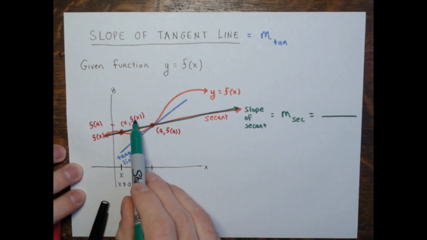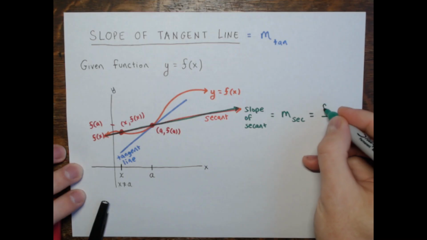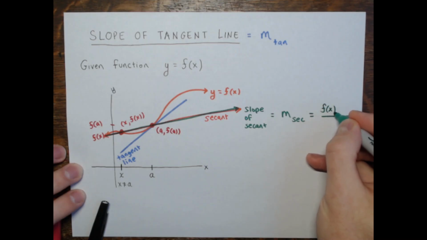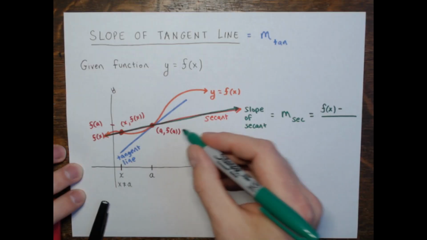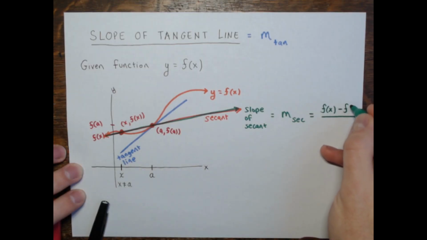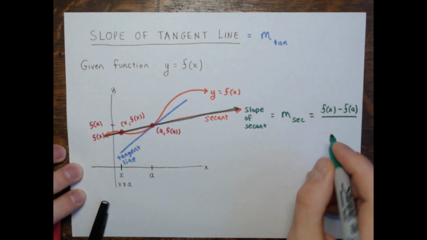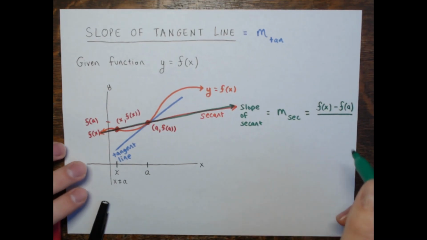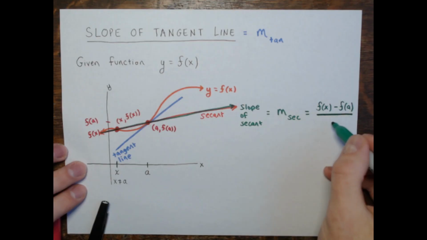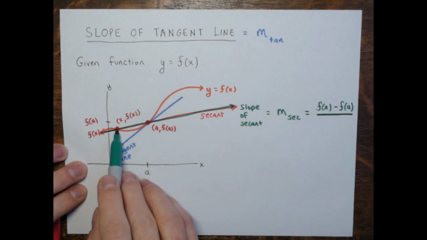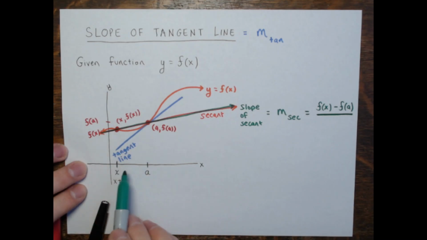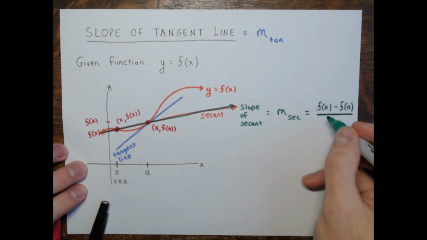I'll do the y coordinate of this point, f of x, minus the y coordinate of this point, f of a. And there's the rise, the change in the y coordinates, divided by the run. And I do the change in the x coordinates, in the same order, so x minus a.